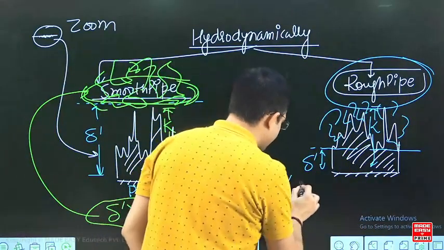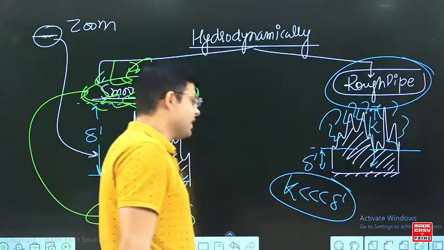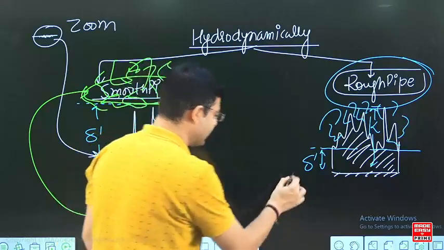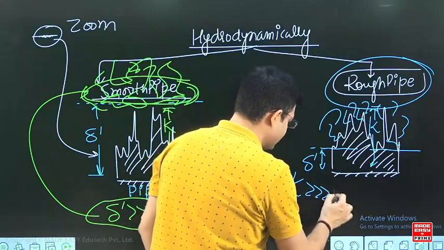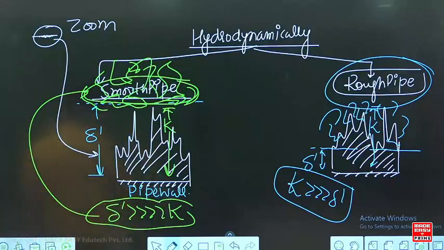So whenever K value is very, very greater than delta dash, the roughness height is greater than that.